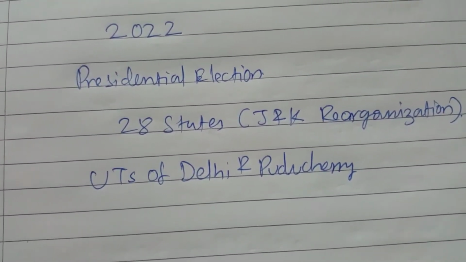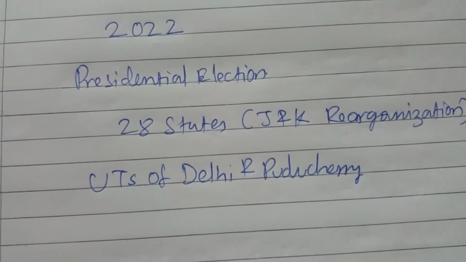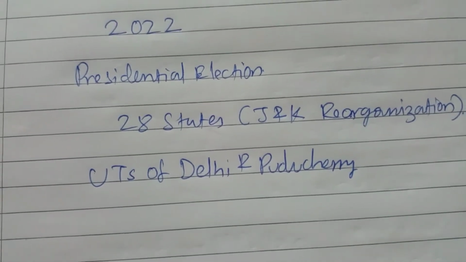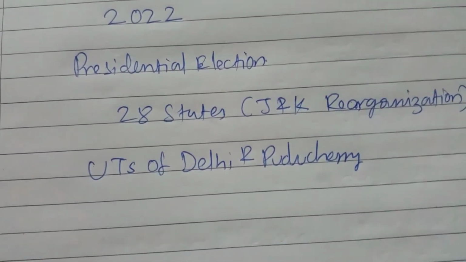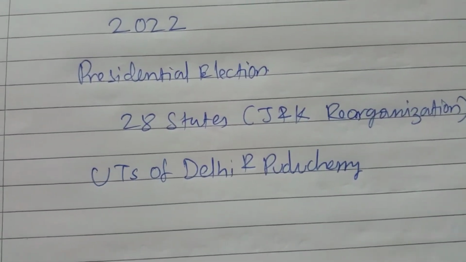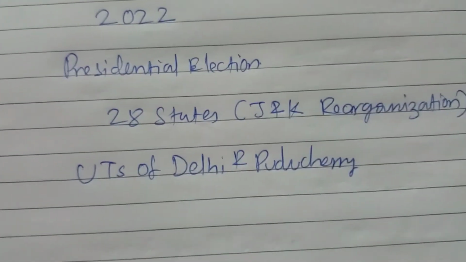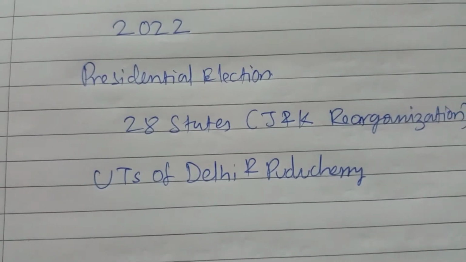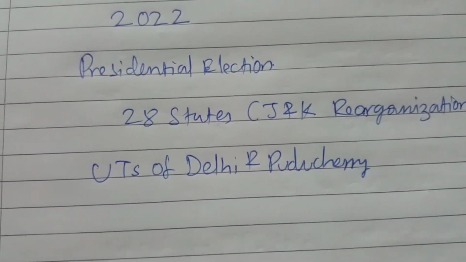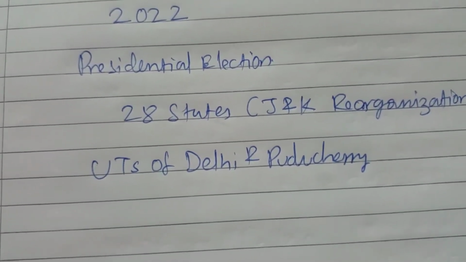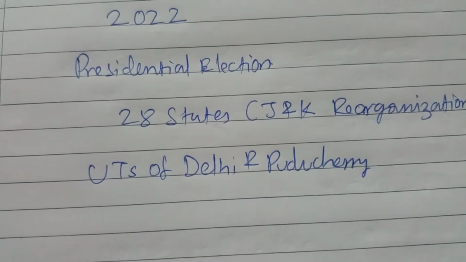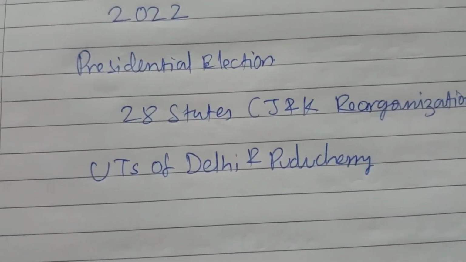The constitutional sanction for the Jammu and Kashmir union territory will be done later. Hence, the union territories of Jammu and Kashmir and Ladakh are presently not eligible to elect the President of India. The constitutional amendments with regard to that are pending.